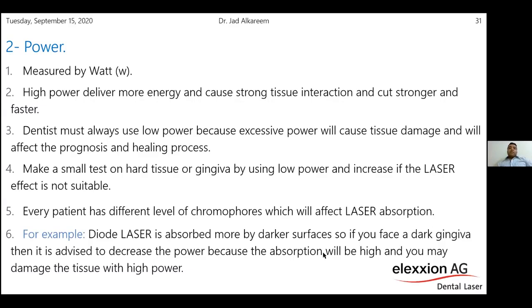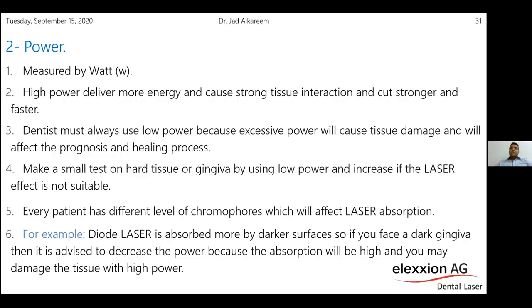For example, you have the diode laser. Diode laser is absorbed more by the darker surface compared with the light surface. So if your patient has a dark gingiva, then it is advised to decrease the power, because you will have higher absorption and you may damage the tissue if you use high power. Darker gingiva has a high level of melanin, so that means you will also have a higher level of absorption.